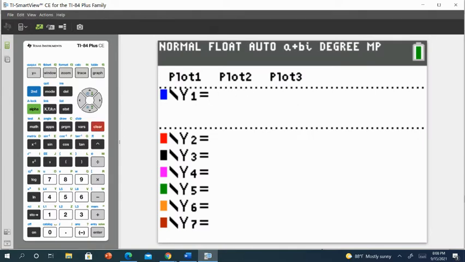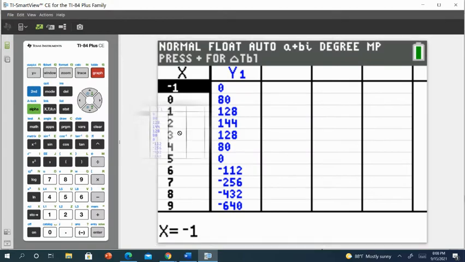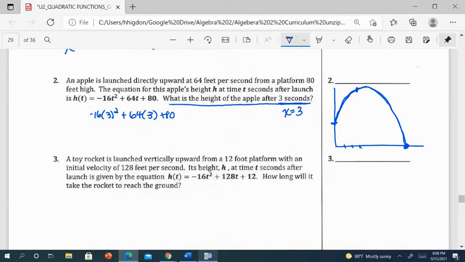And again, I can put in my equation negative 16x squared plus 64x plus 80. And I can just go to the table of ordered pairs where x is equal to 3 and find my answer is 128. So the answer to question number 2 is 128 feet.